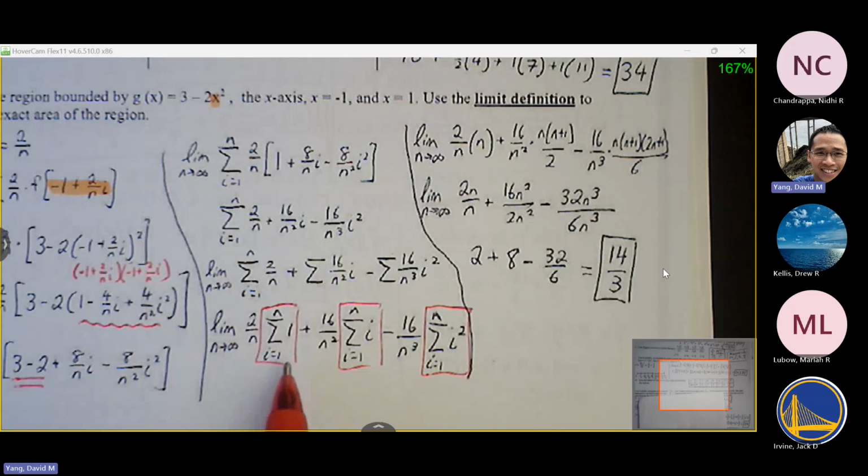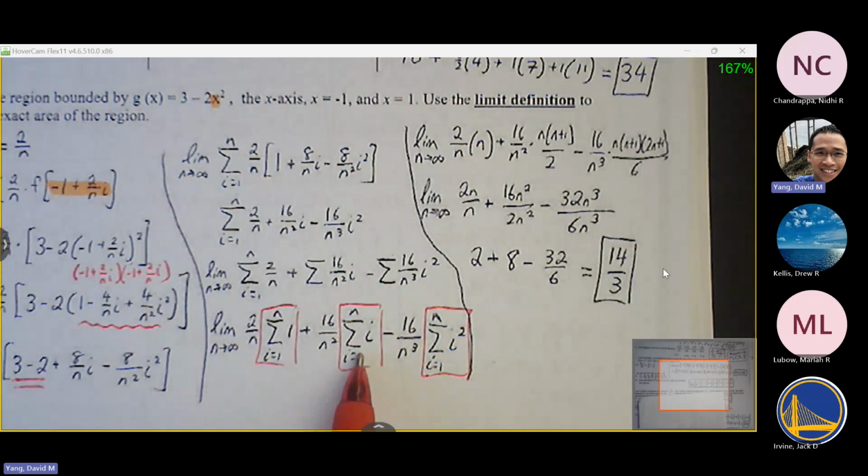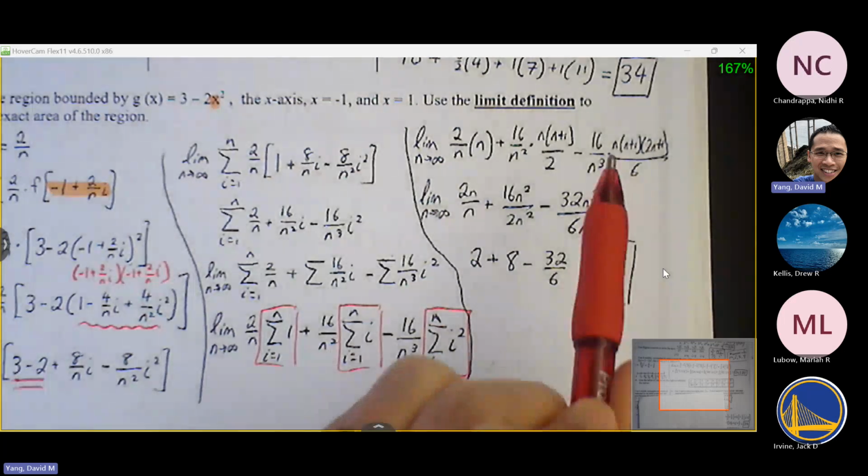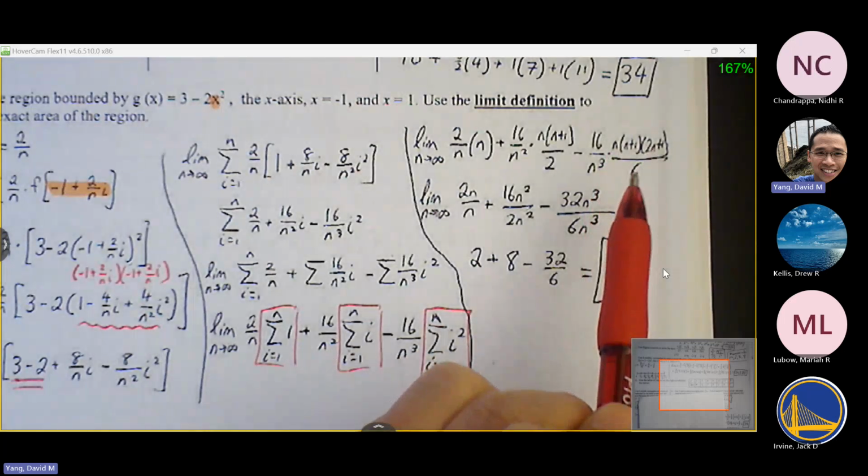Okay, replace summation 1 with n, replace summation i with n times n plus 1 over 2. i squared is n times n plus 1 times 2n plus 1 over 6.